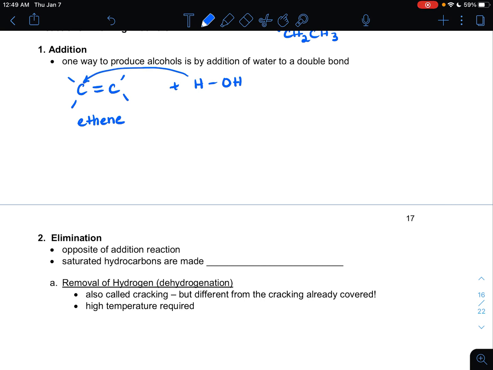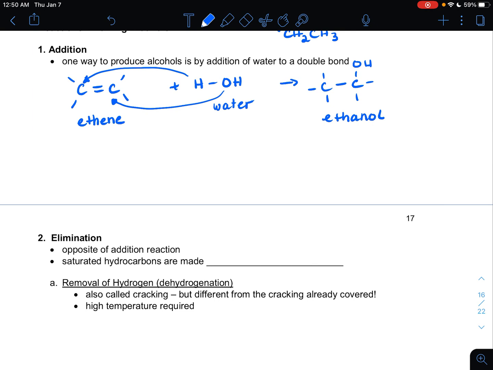So the hydrogen is added to one carbon in the double bond, and the hydroxyl is added to the other. And so what we get is basically the alcohol. We break the double bond and we make the alcohol. And in this case, we've made ethanol.